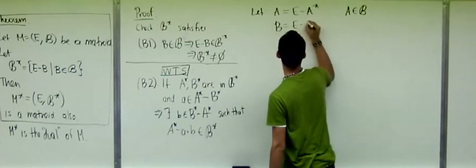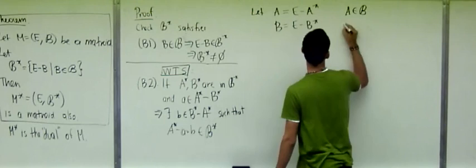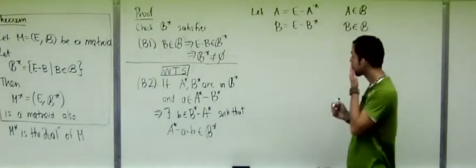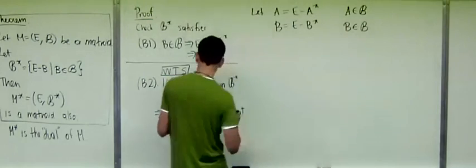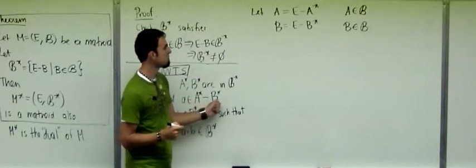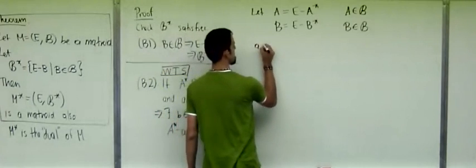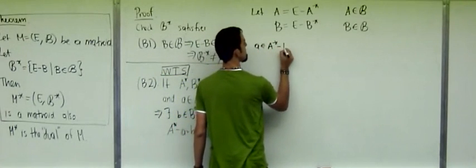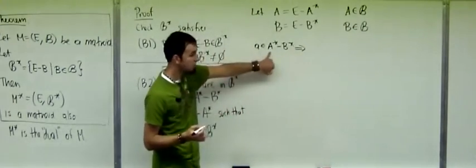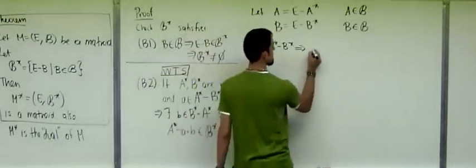And let B be the complement of B star, and by definition, B is also in script B. It's by definition. What does it mean for a to be in A star minus B star? It means a is in A star and a is not in B star.